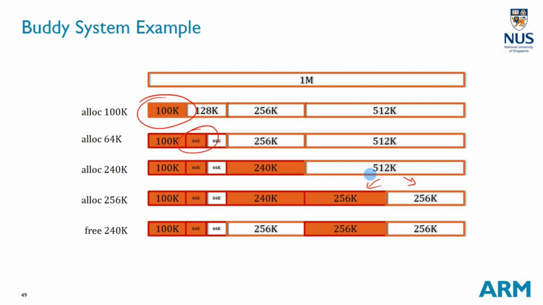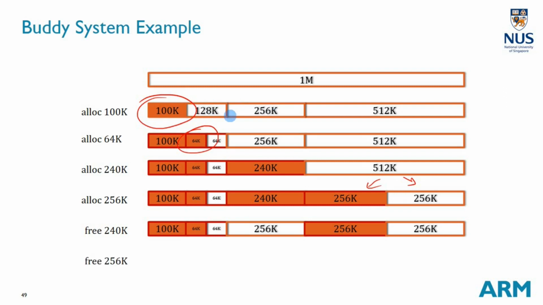Of course, one thing you notice is that here I do not do any merging, because the merging can only happen along the boundary of the upper level. So for a 256k to merge, I can only merge with another 256k and come up to 512k. That is the merging rule.